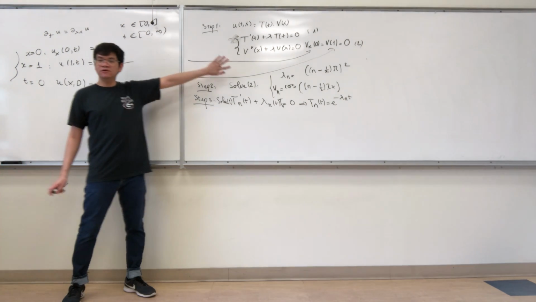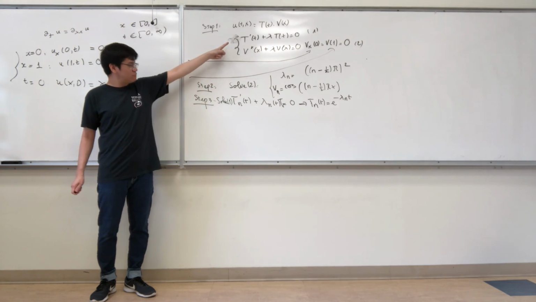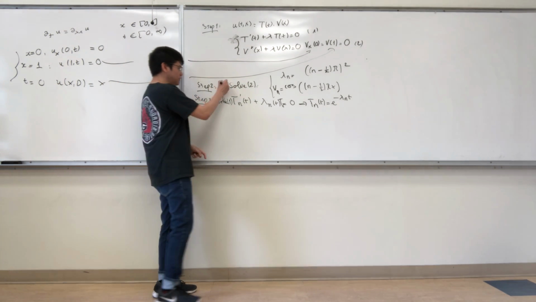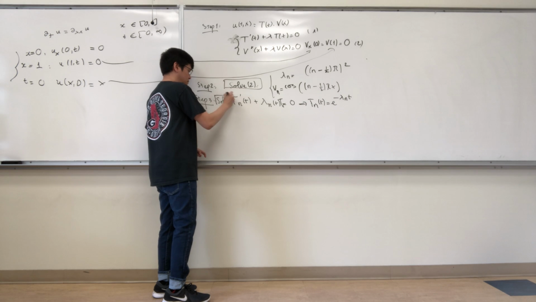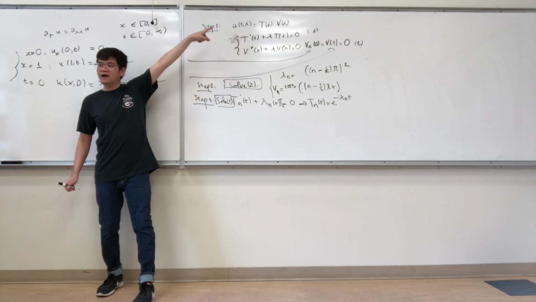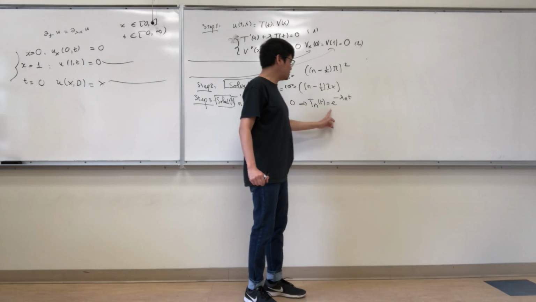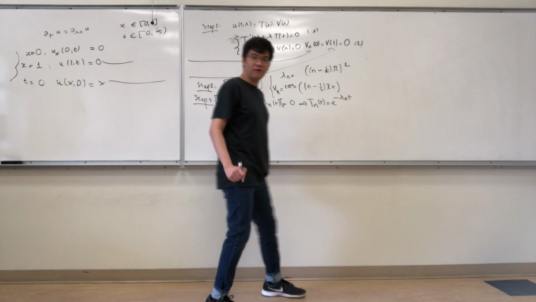So after you find the eigenvalues in the second step, you replace them into the first equation, and you find Tn will be exponential of minus lambda n t.